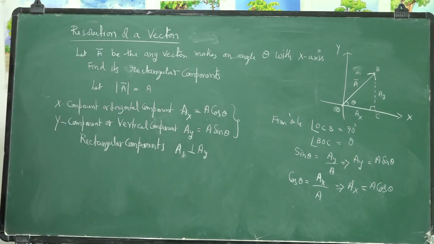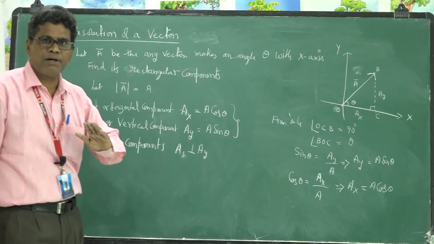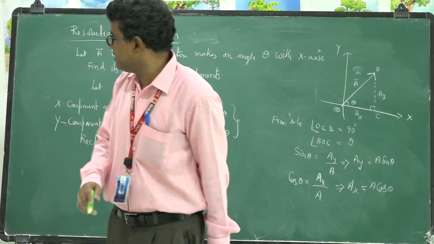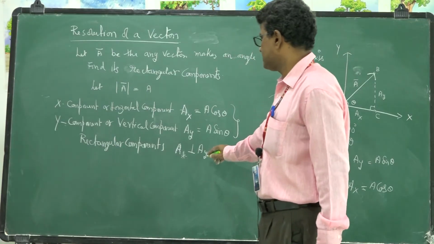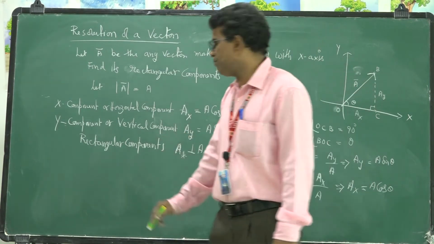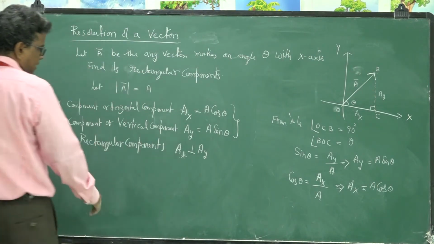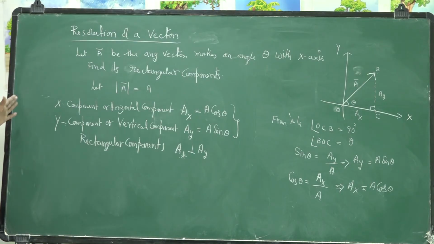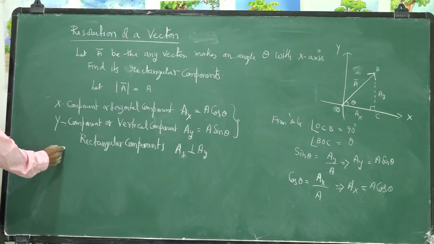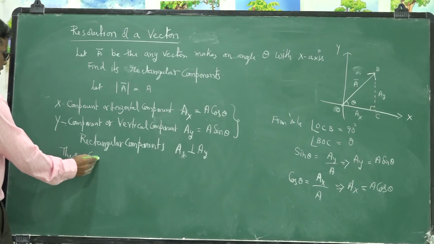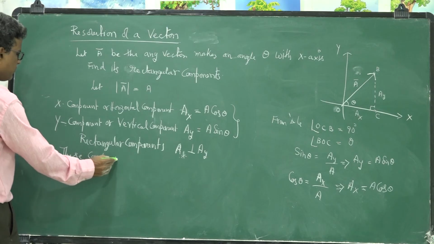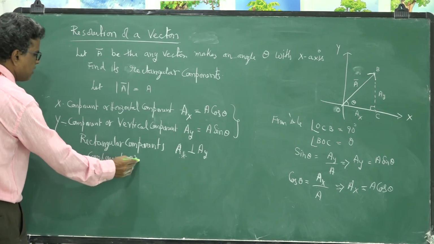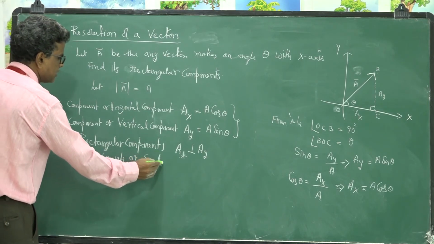If components are perpendicular to each other, then we call them rectangular components, AX and AY. So this is the resolution. These rectangular components are scalar quantities.